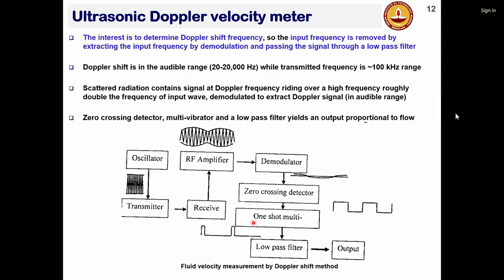Then you can pass it through a low pass filter just to remove any stray signals which are well above the Doppler frequency range that you expect. And finally, you have the output.